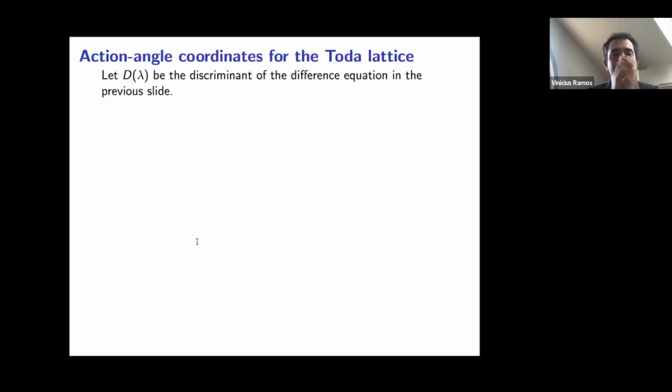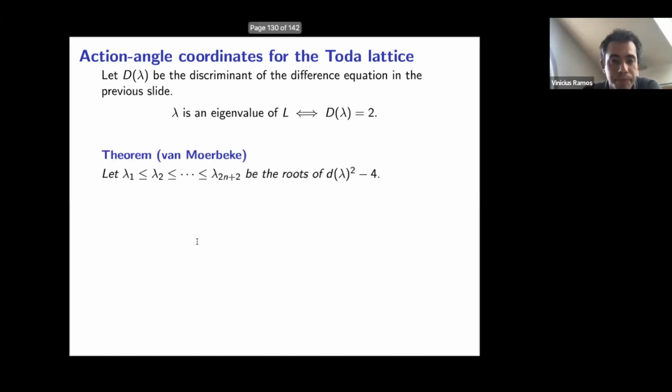You look at the discriminant of the difference equation from the previous slide, which is a polynomial with the property that if lambda is an eigenvalue of L, then this polynomial evaluated at lambda equals 2. It's a polynomial in lambda that tells you that the difference equation has a periodic solution.